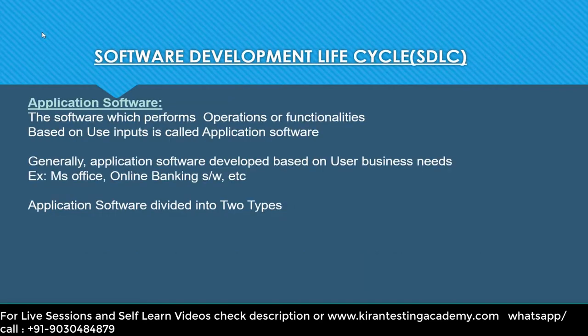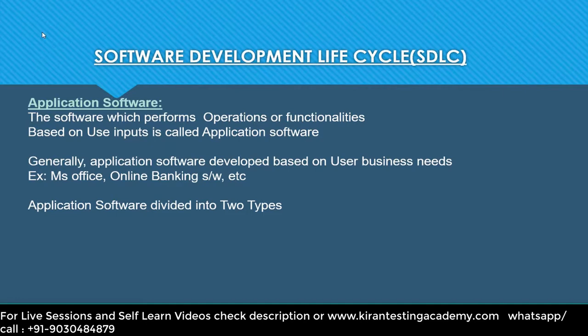Next, application software. The software which performs operations or functionality based on user inputs is called application software. All the rest of the software, apart from system software, falls under application software, which works for the user. Depending on the user inputs, they behave.